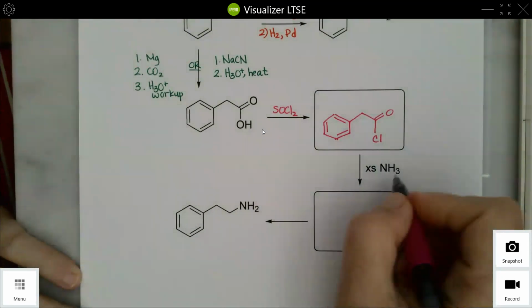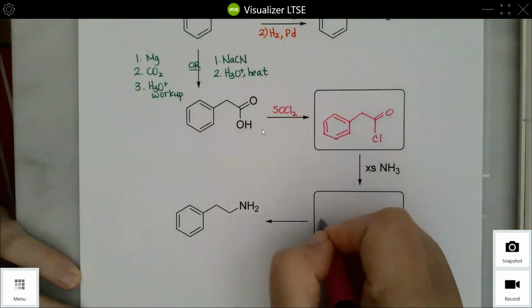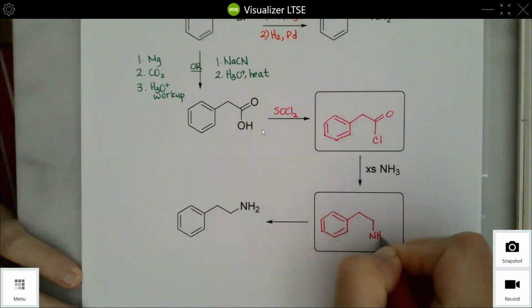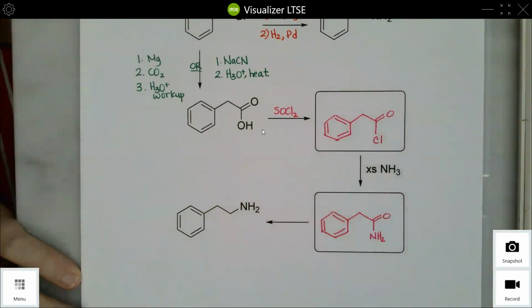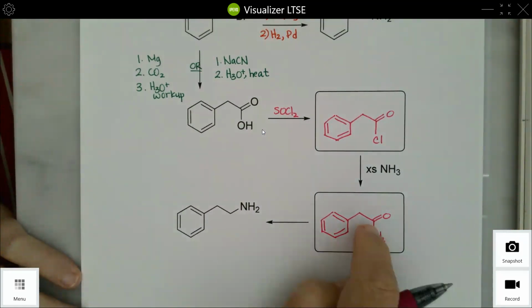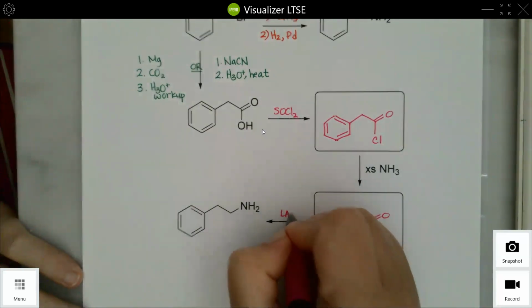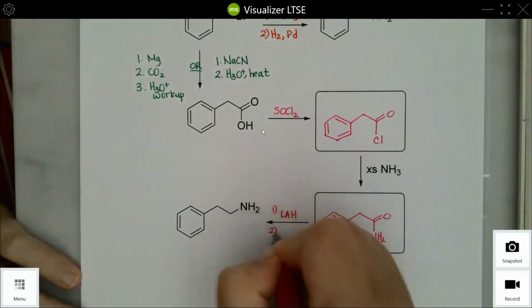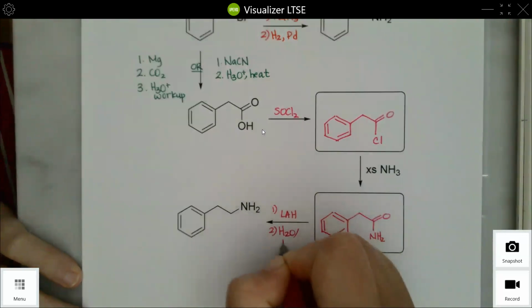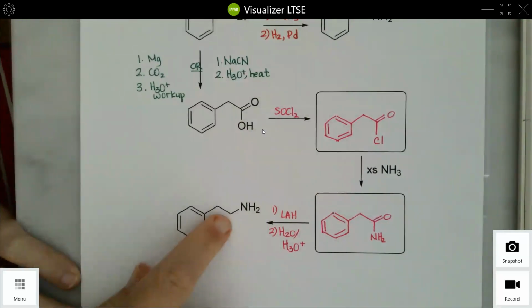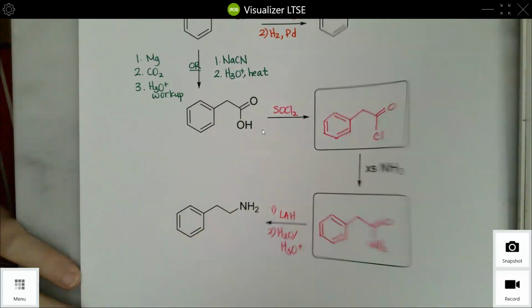It can react with excess ammonia to form a primary amide. Some people call that an amide. And then we can reduce this carbonyl using LAH, all the way down to the primary amine.